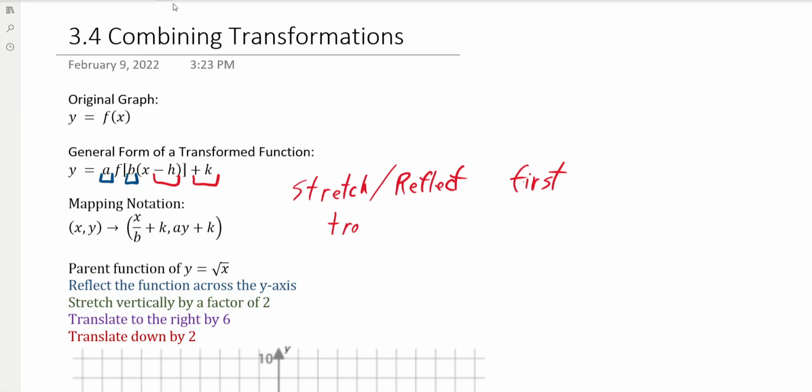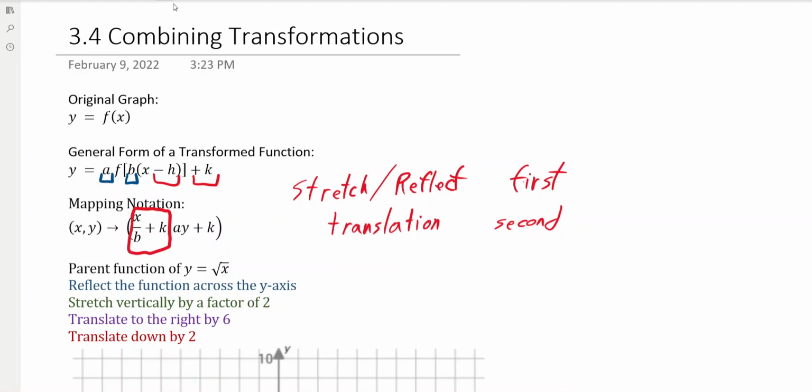So a translation happens second. That is good to know as a general rule, unless you're told specifically otherwise, because that is why we have it written the way we have it here.